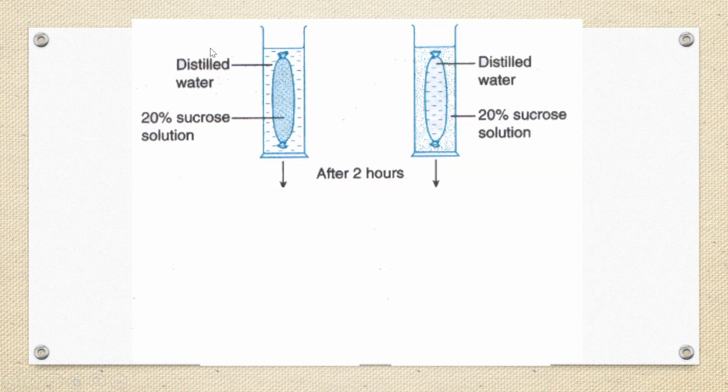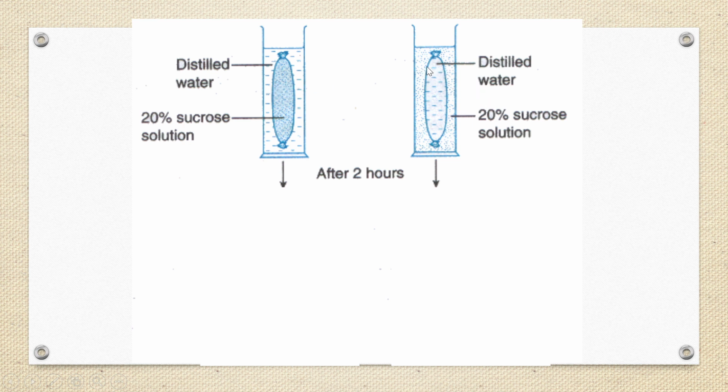Okay, so let's look at this. This is Visking tubing. Here, first please remember to identify the two regions. In this case, within the Visking tubing is one region with 20% sucrose solution, and it is immersed in distilled water. So you can see these two compartments have different water concentrations.